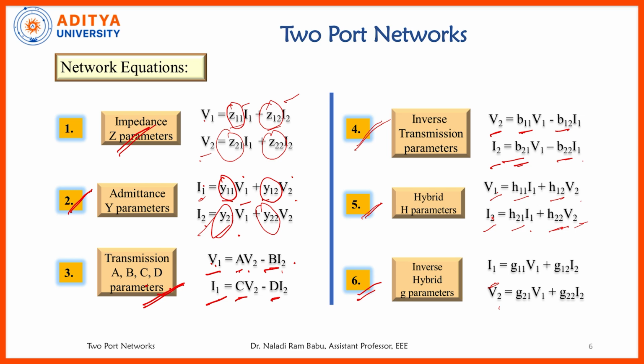I1 is given by G11 V1 plus G12 I2, and V2 is given by G21 V1 plus G22 I2, where G11, G12, G21 and G22 are inverse hybrid parameters. G11 is I1 by V1, that is admittance. G12 is I1 by I2, current. G21 is V2 by V1, voltage. And G22 is V2 by I2, which is nothing but impedance. Okay. If you look into the problems, we will get a clear idea about this part.